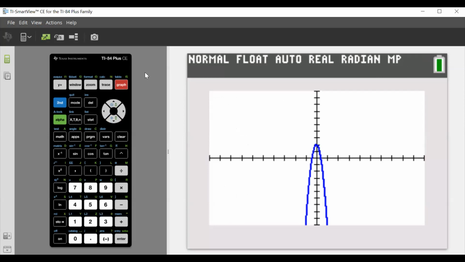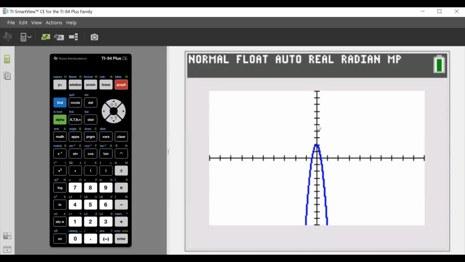All right, y equals... All right, so that looks good. It's good enough for what we need anyway.